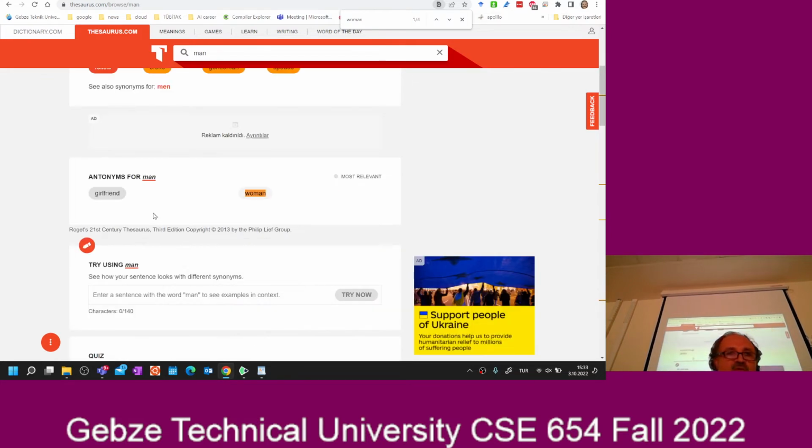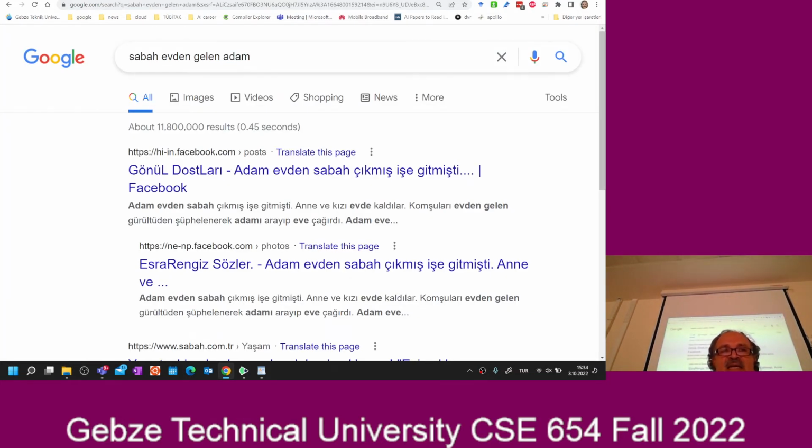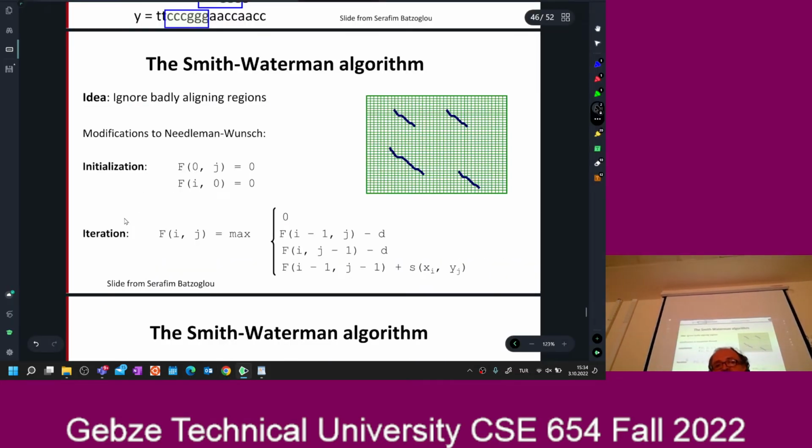So if you find such a resource, find these two words and try to see if they are similar, or at least related, okay? I bet when I look for the word man in that dictionary, I cannot find any word like desk, okay?